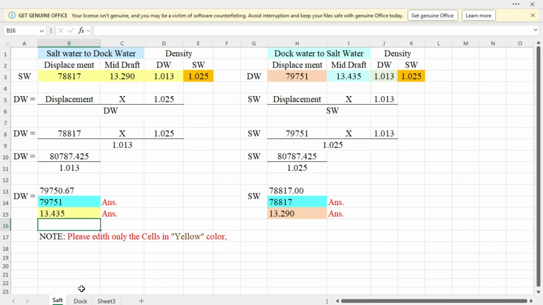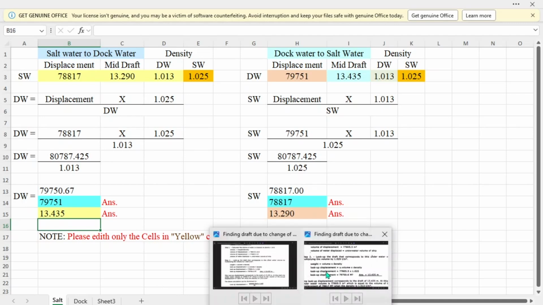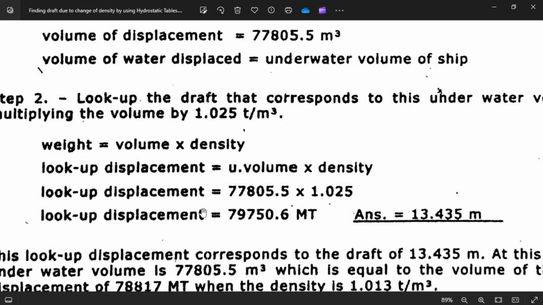That will be its corresponding draft to the dock water displacement, and the local density will be 1.013, its displacement will be 79751, and the corresponding draft is 13.435. And let's check, guys. This corresponding draft is 13.435.